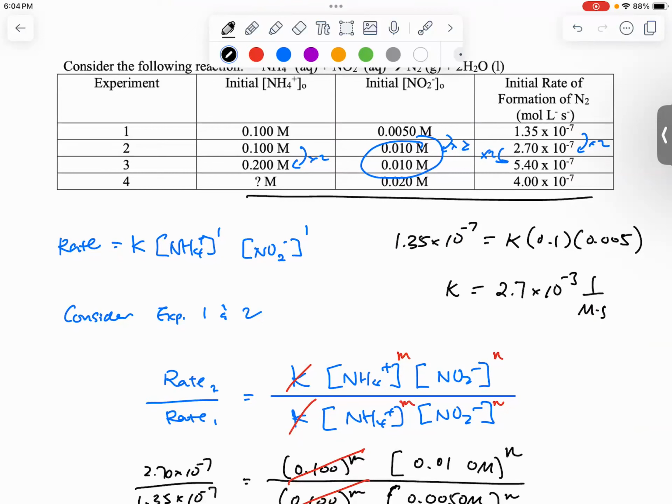And then you can go ahead and use the K and the rate law to calculate. So the rate is 4.00 times 10 to the negative 7, and this is the K we have just calculated. And then you have a missing unknown for the concentration of ammonium ion, and you do know your nitrite ion concentration.